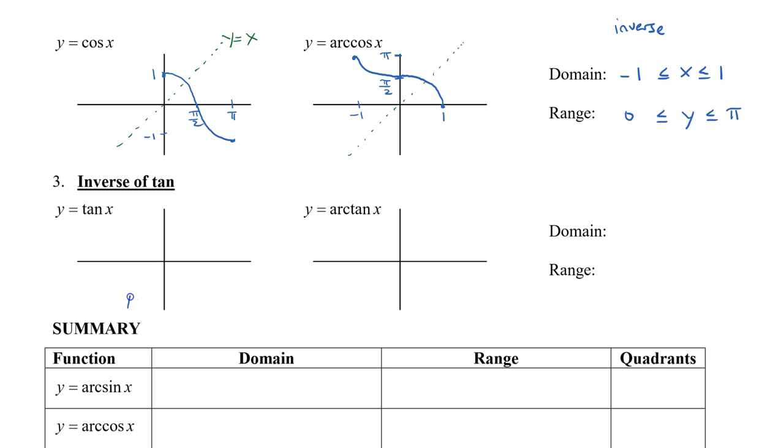All right, now the inverse of tan. So let's draw our tan graph. Looks something like this. And it has asymptotes at -pi over 2 and pi over 2. Okay, so this one actually, when we take the inverse, it still is a function. So this is good.